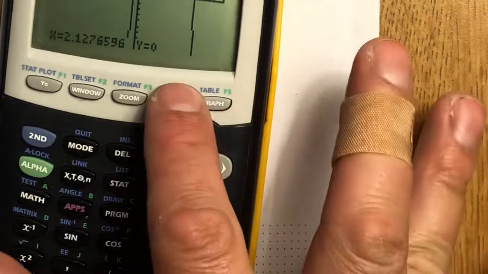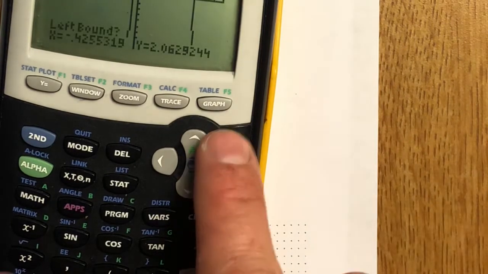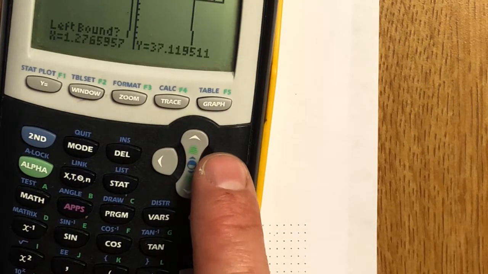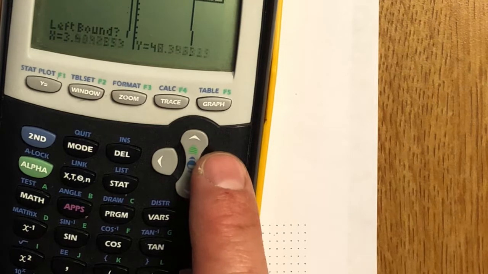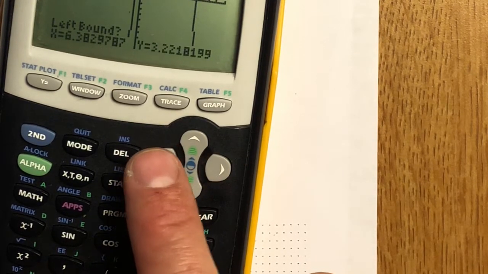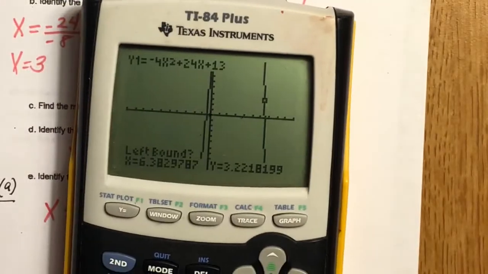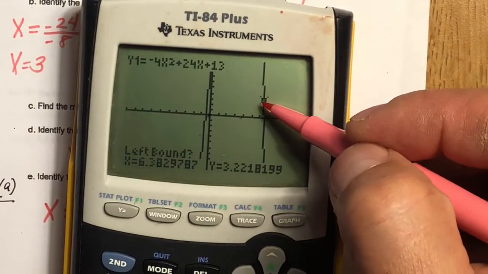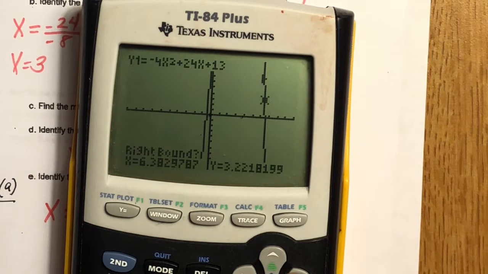I can do the same thing over to the other side. So let's go second calculate zero. Let's get my cursor over there. Oops, sorry guys. So here's what I do, I just move the cursor over there. There's the left boundary, right boundary.